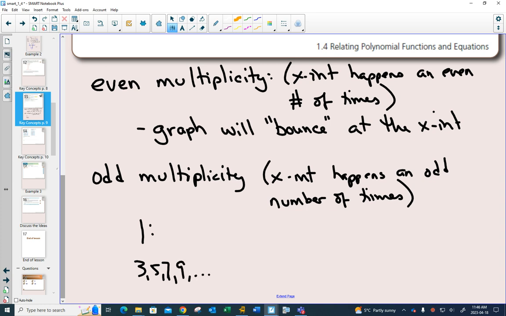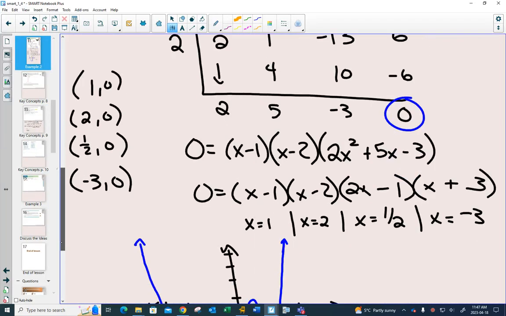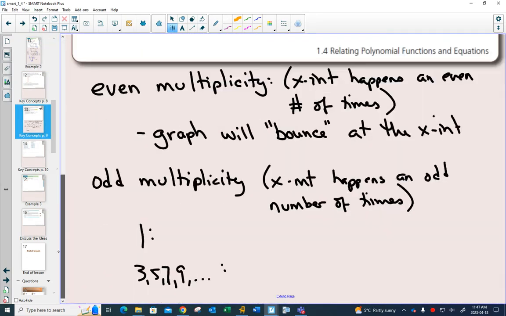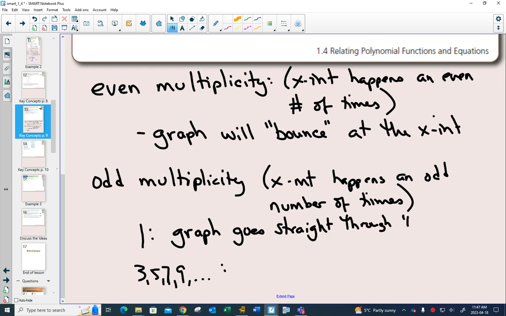And then a little bit different if it's 1 or bigger than 1. If it's just a 1, and that's what we've done all the way through so far, all the graphs we've done, like we look at the graph we just did, can you see that all of these x-intercepts happen once? Anytime an x-intercept happens once, your graph goes straight through that x-intercept.